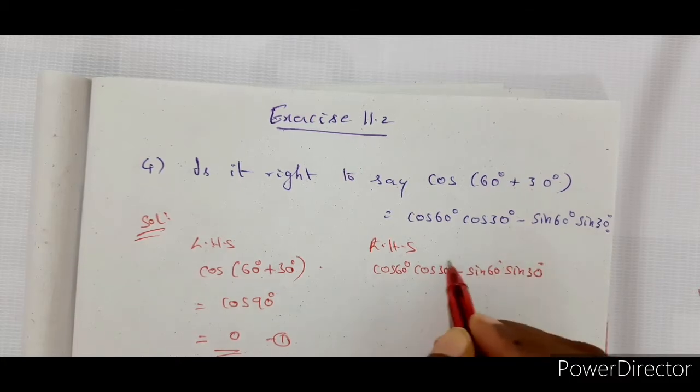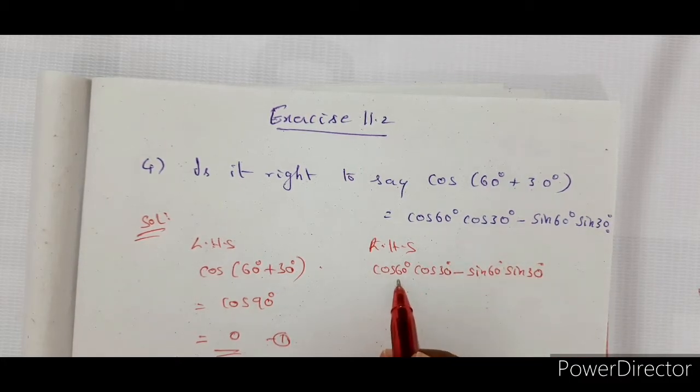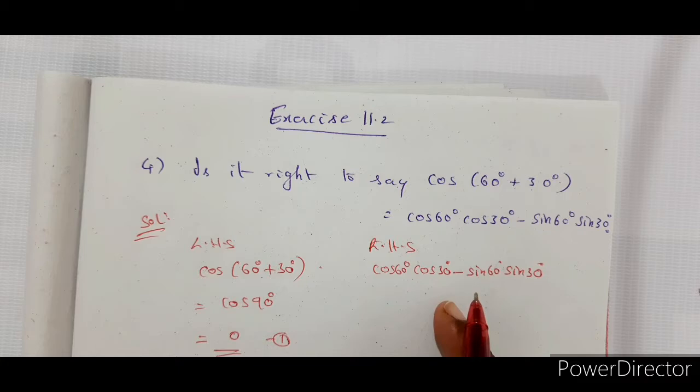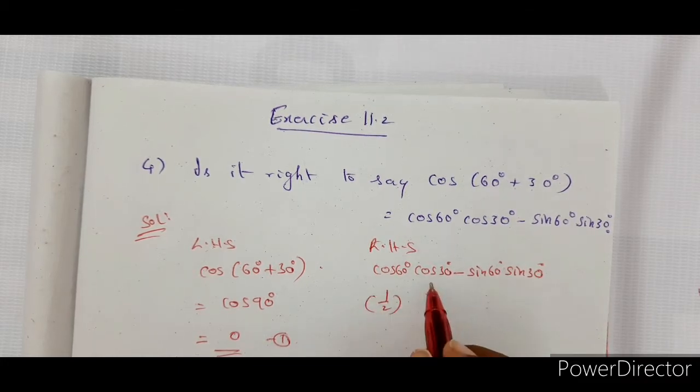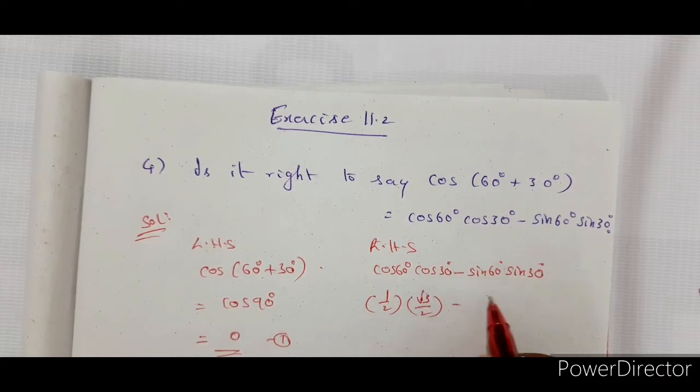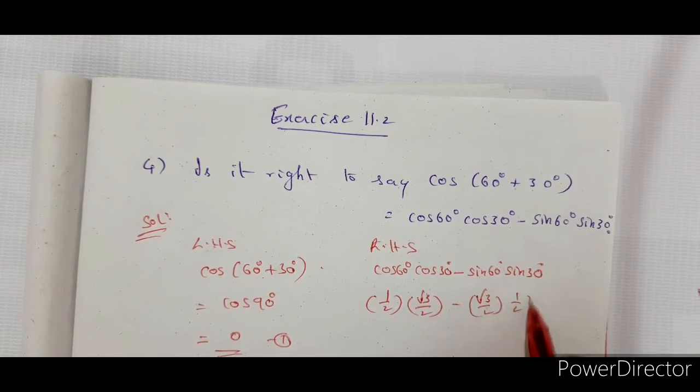Right, so all degrees. Cos 60 degrees, what is that? Sin 30 and cos 60 are the same, so this is 1 by 2. Cos 30 is the same as sin 60, root 3 by 2, minus sin 60 which is root 3 by 2, sin 30 is 1 by 2.